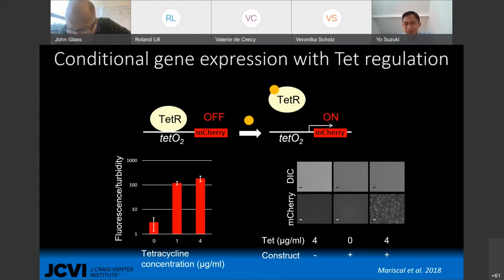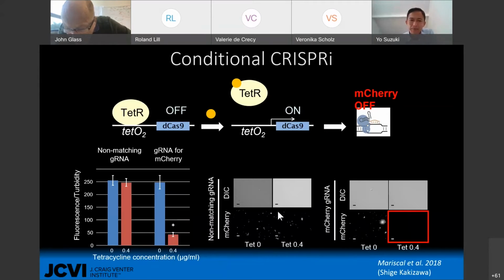As you see, we succeeded in getting 40 to 60-fold induction of M-cherry here. And once you can drive M-cherry, you can drive dCas9 to achieve CRISPRi. So this was done here.